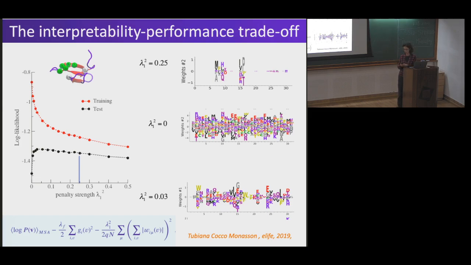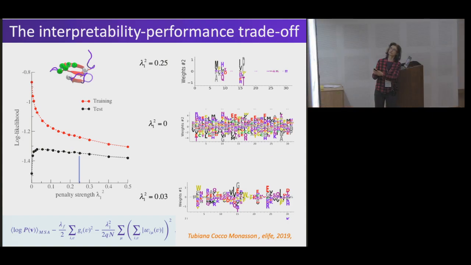Yeah, but then you have something which is too sparse in some sense. It can be too sparse and have a little bit lesser log likelihood. So you lose a little bit in log likelihood.